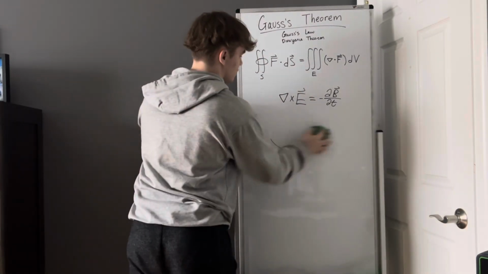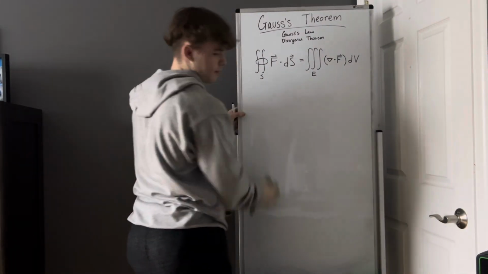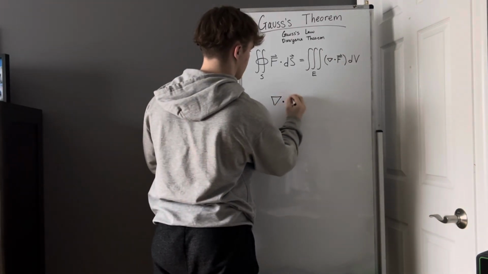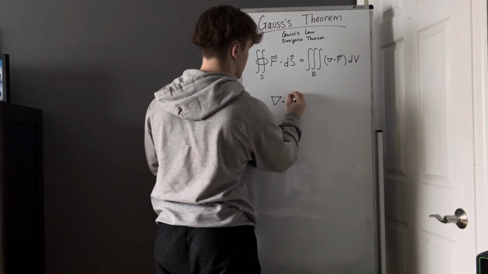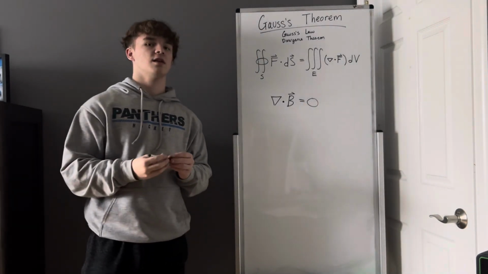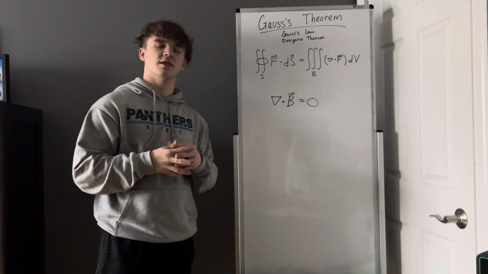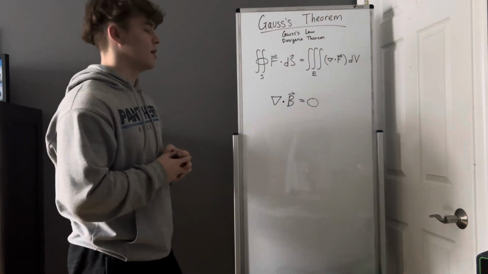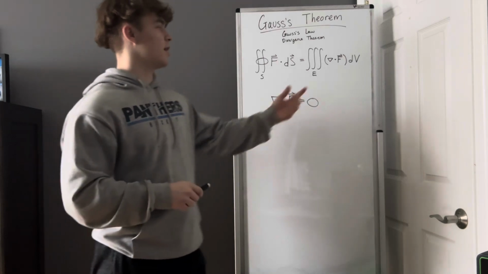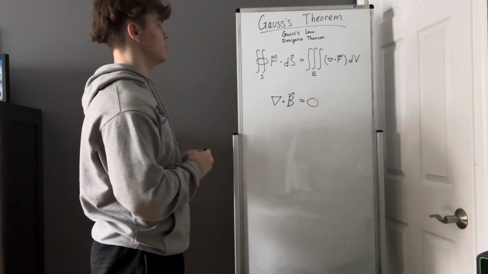The next one would be del dot B equals 0. And all this tells us, and I think I talked about this in an earlier episode, is that the divergence of any magnetic field is 0. And this would be very simple to do this on.